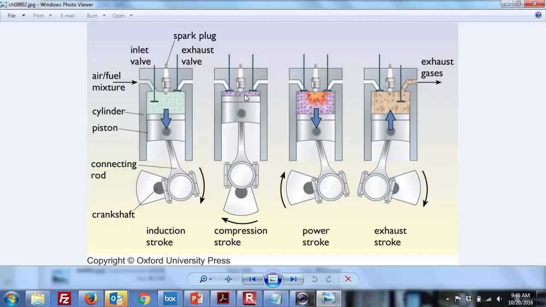Just as this fuel and air mixture is at its maximum pressure, both valves are closed, the spark plug goes off and drives it down, and actually pushes on the cylinder with a downward force.